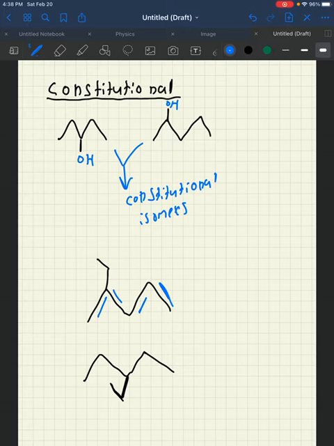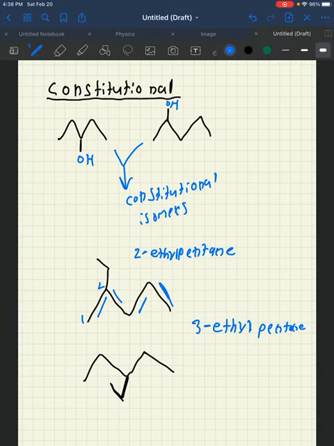So this is pentane, and this is 2-ethyl pentane, and this is 3-ethyl pentane. Now, if you don't understand how I name these, I highly suggest you go back and learn nomenclature, because that's going to be a critical component for this chapter.